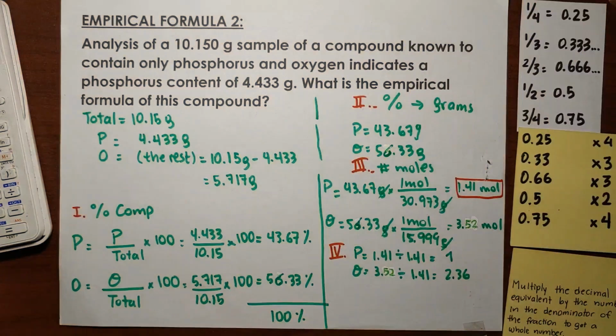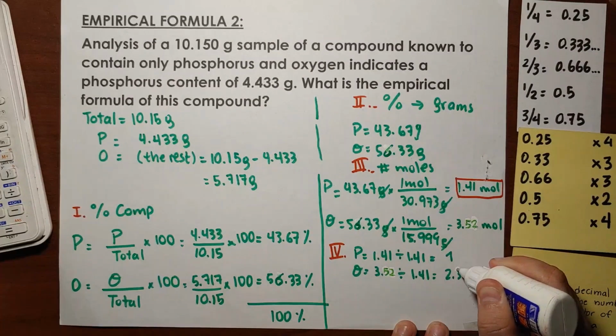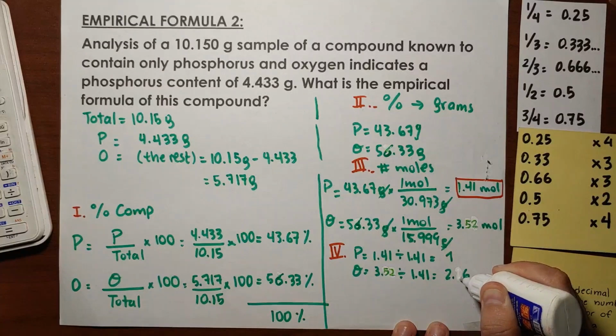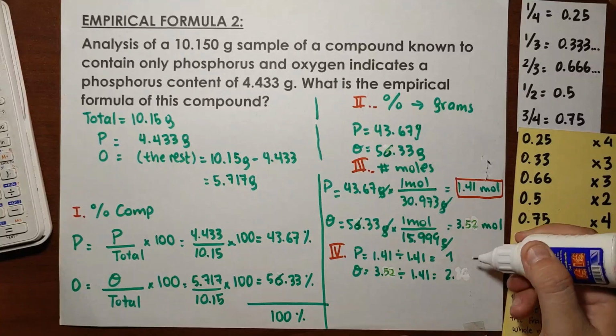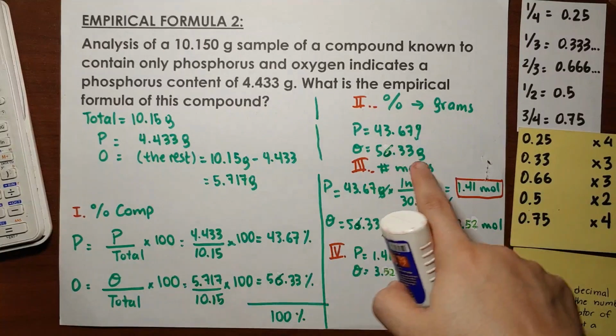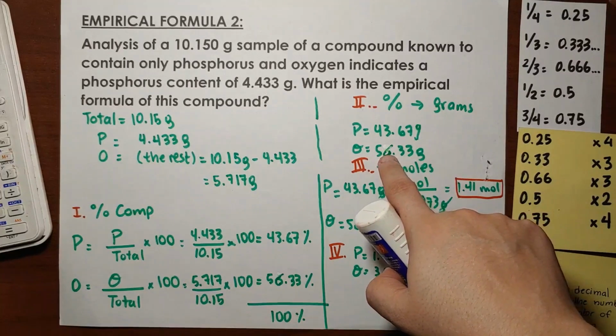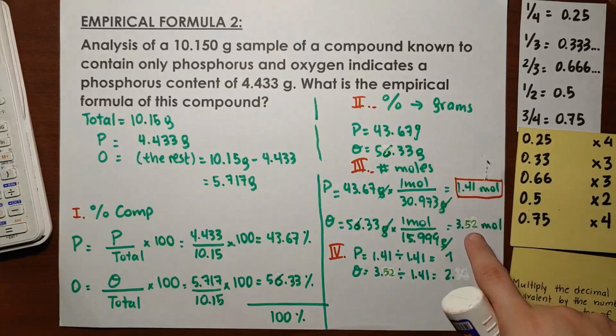Okay guys, I just realized I have a mistake here. It was 56.33. So let's see. I did all the changes now. Okay, it converted to grams, I already did the correction. Converted to mole, I already did the correction.